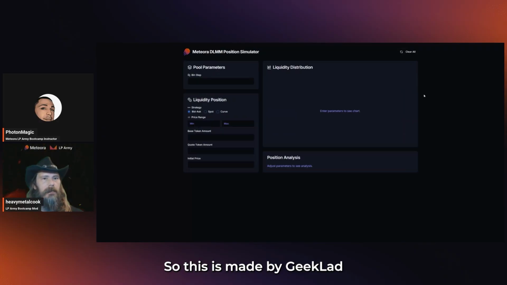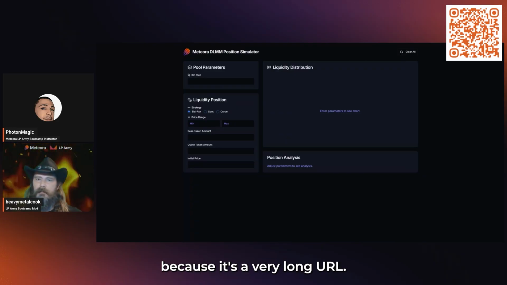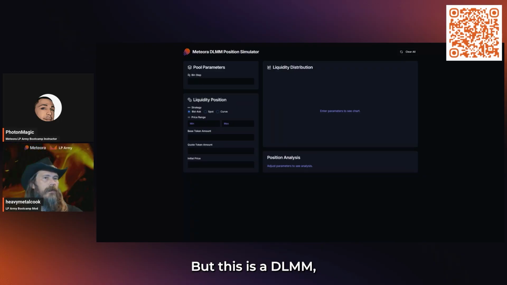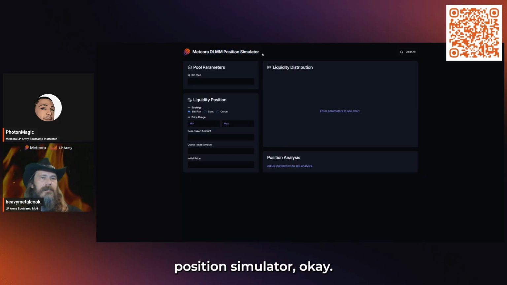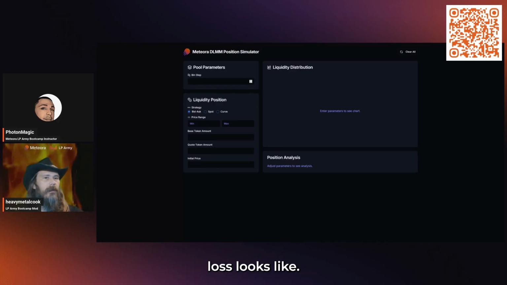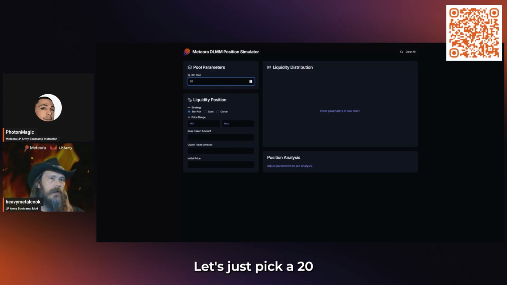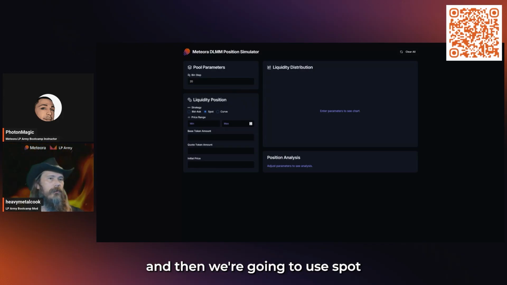So this is made by GeekLad, and I'm actually going to pop up a QR code for this because it's a very long URL. But this is a DLMM position simulator, okay? And it'll help you see what the impermanent loss looks like. So first, we're going to pick a bin step. Okay, let's just pick a 20. And then we're going to use spot.